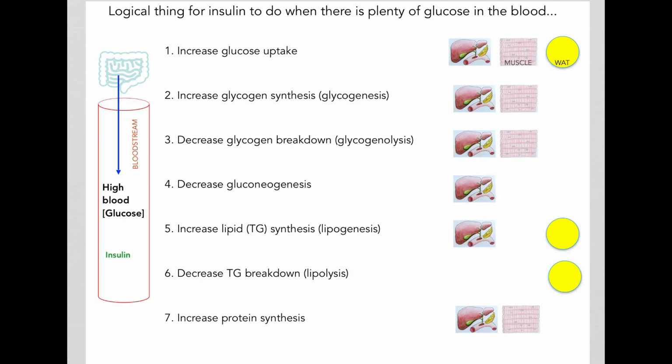So let's begin by discussing number 5 here, the effects of insulin, and that is how does insulin increase lipid synthesis, triglyceride synthesis especially. And this is an important process that happens in the liver where a lot of lipids are synthesized as well as the adipocytes.